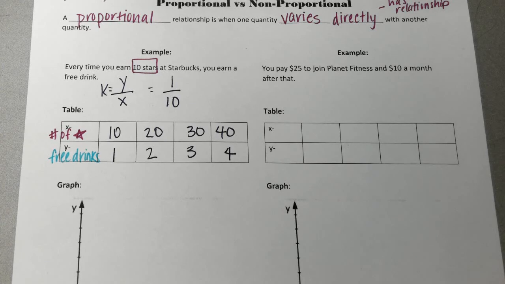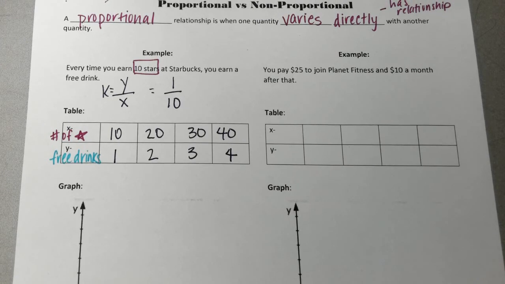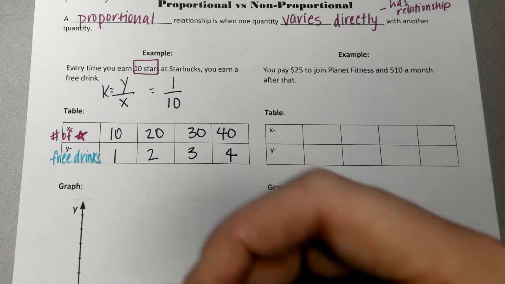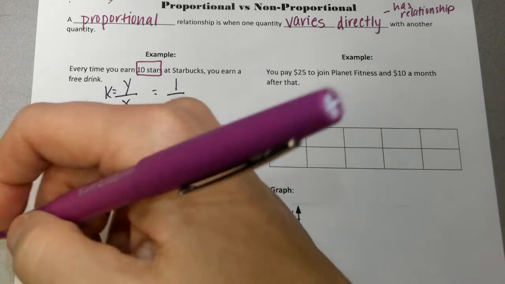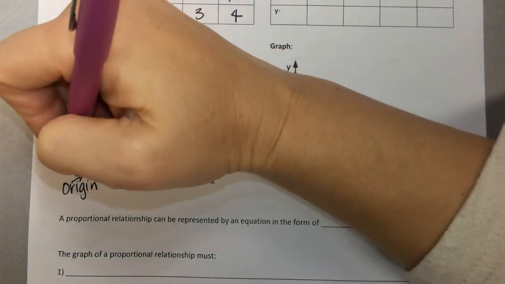Do you remember what happens when we graph it? At some point you have to start at 0, which is our origin. Okay, this is the origin at 0. And let's go ahead and label those axes. Do you know the word axes is the plural for axis? Yes, now you do.